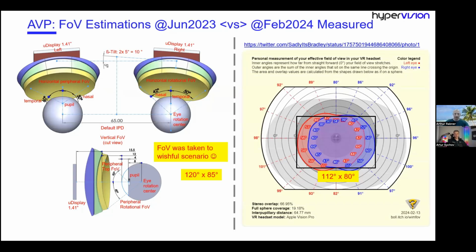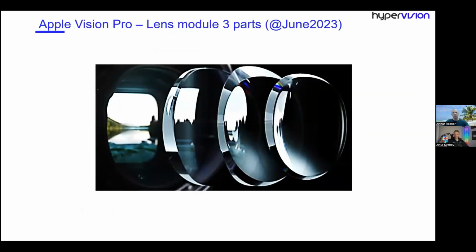Okay. Now, that's what we had in June, the picture of the lens stack, and we were breaking our heads to understand the architecture. So I did some research and found out that it's actually not 3 lenses, but 2 lenses.